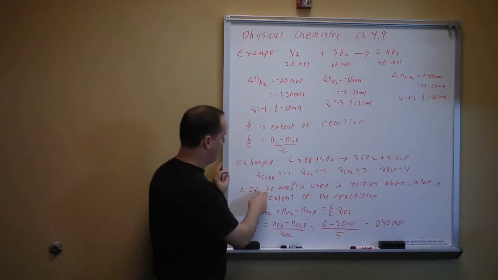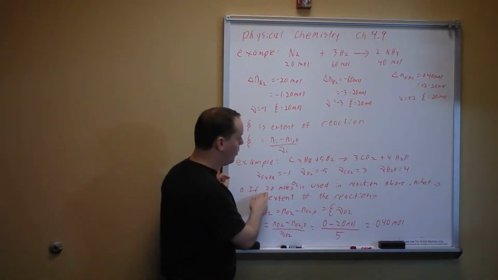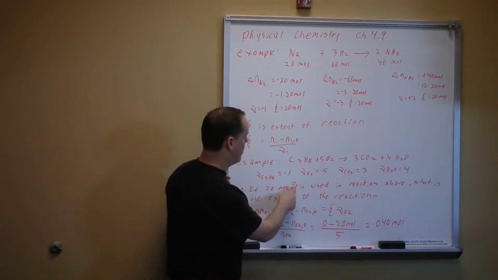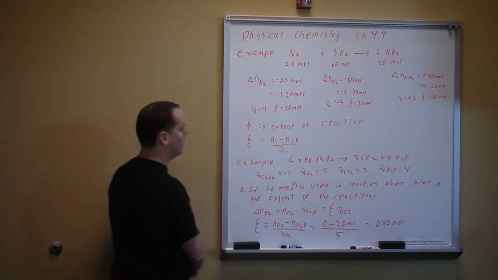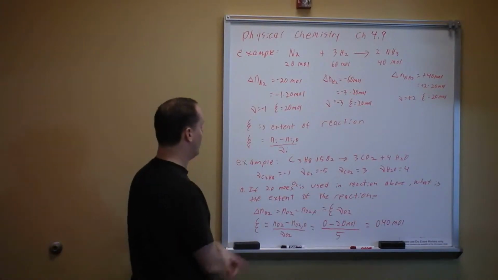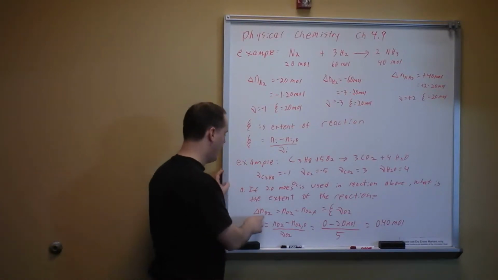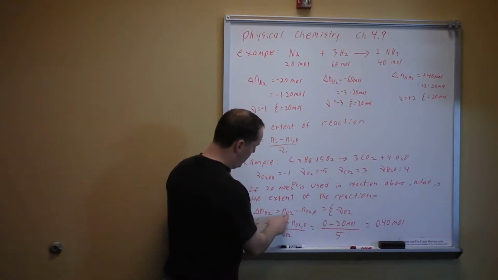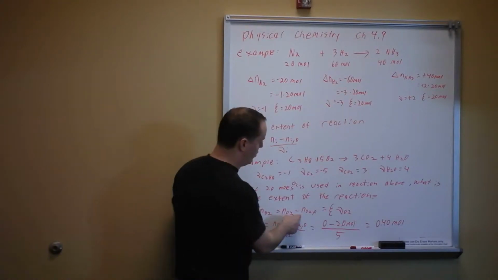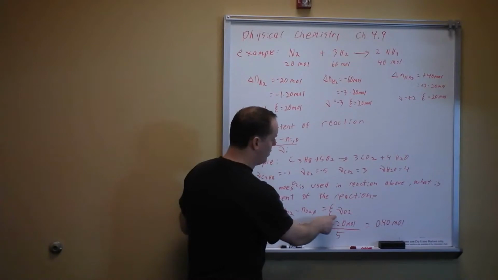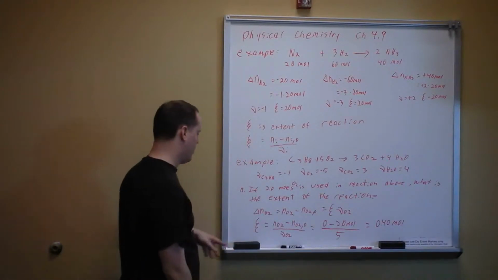Now let's say we use up 2 moles of oxygen in the reaction above. So we're going to say we start with 2 moles, end up with 0 moles for the calculation in this case. So delta N of O2 is just the N of O2 final minus the N of O2 initial, and that's equal to the extent times the nu of O2.